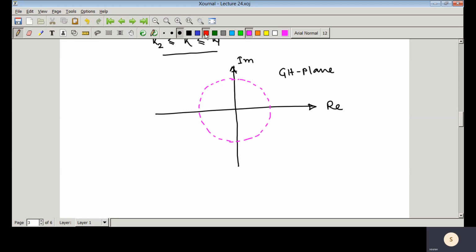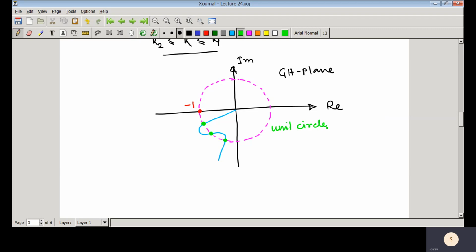This is the critical point, and suppose your plot is like this. Here we can see there are 3 points where it crosses the unit circle. So this is the unit circle.